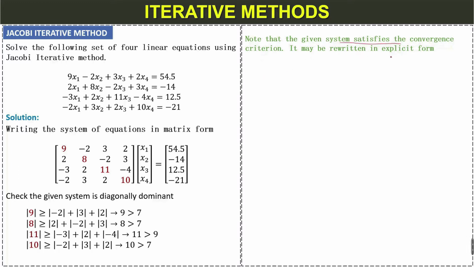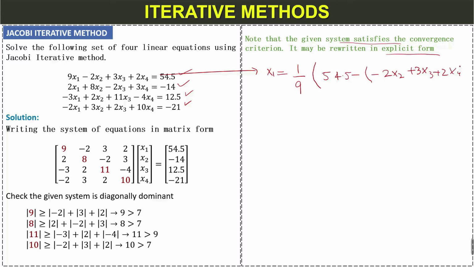It may be written in explicit form. Now we write all of them in explicit form like that. First we have x1 is equal to 1 by 9 times (54.5 minus 2x2 plus 3x3 plus 2x4).